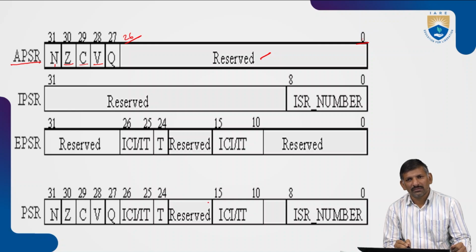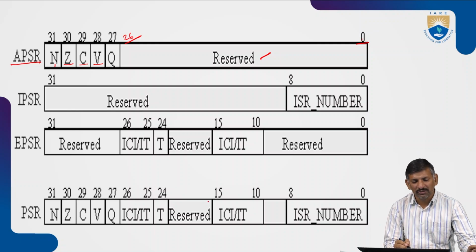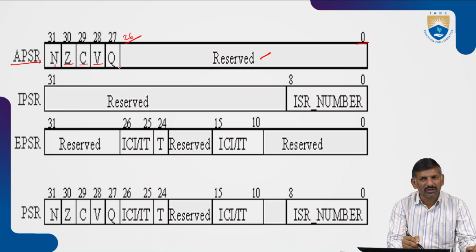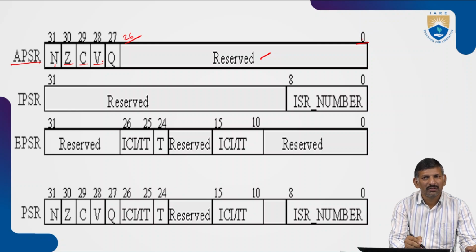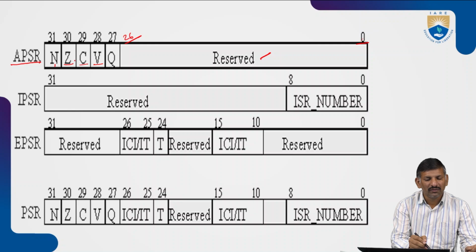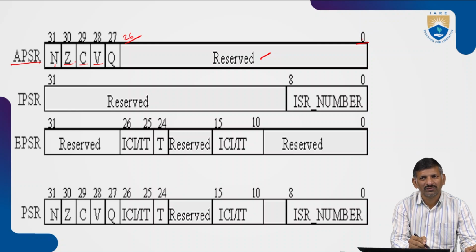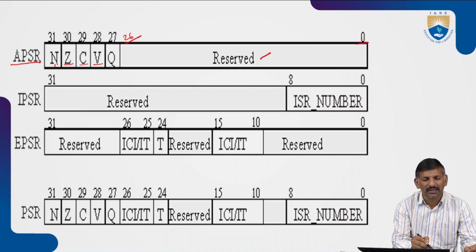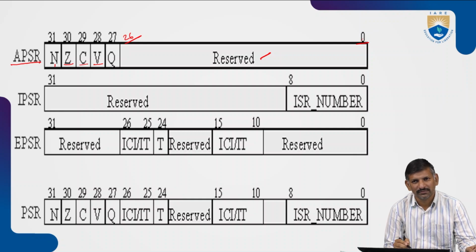Whenever we get this type of result, the corresponding flag bit will be 1. After performing the operation, if the result is saturated, the saturation flag is 1. If overflow occurs, the overflow bit is 1. If carry is generated, the carry flag is 1. If the result is 0, the zero flag is 1. If the result is negative, the negative flag is 1. Like that.